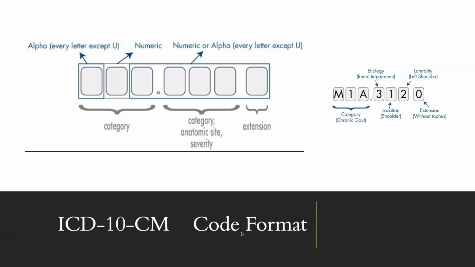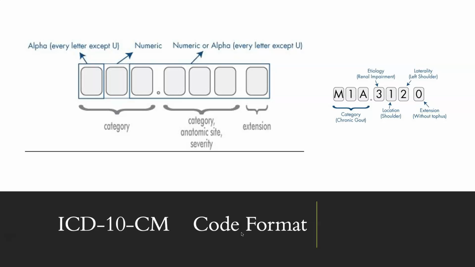What does the format look like for these codes? ICD-10-CM can have anywhere from 3 characters to 7 characters. The first character of every ICD-10 code is a letter, and it can be any letter except U. The second character is going to be numeric, 0 through 9.